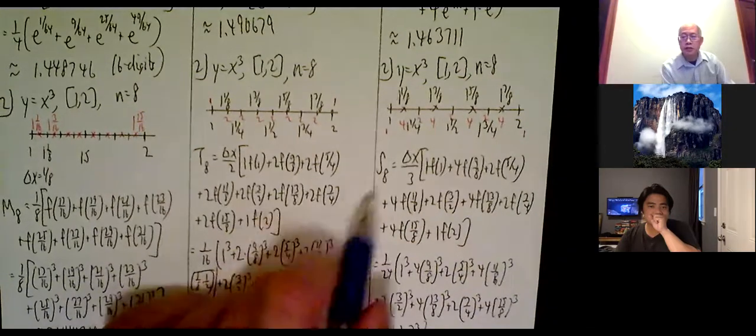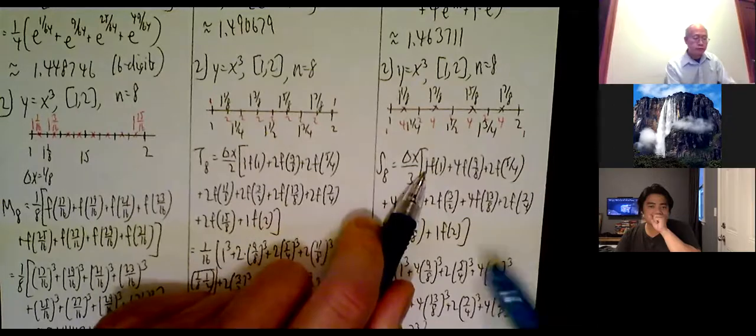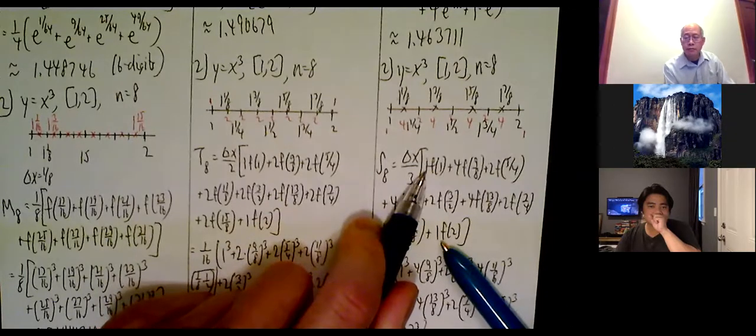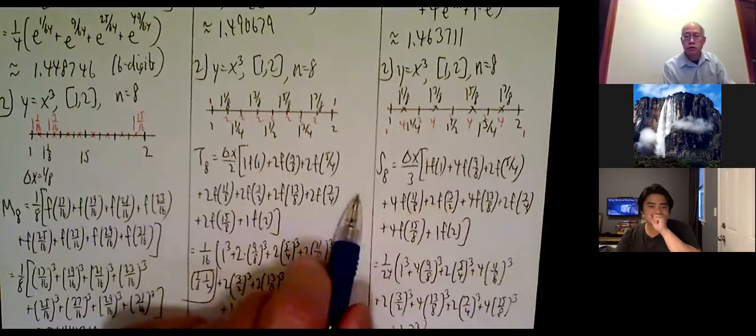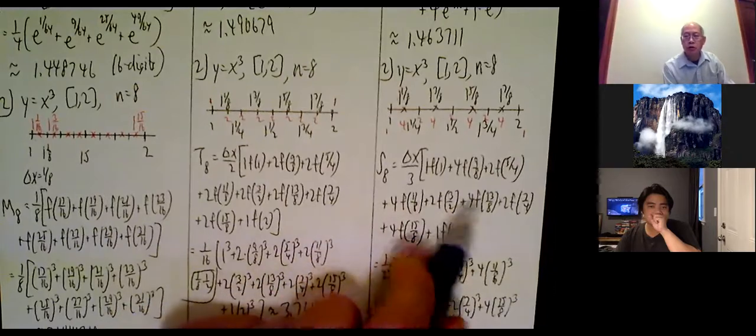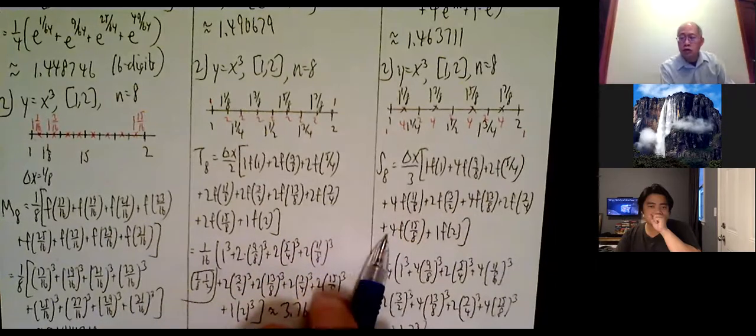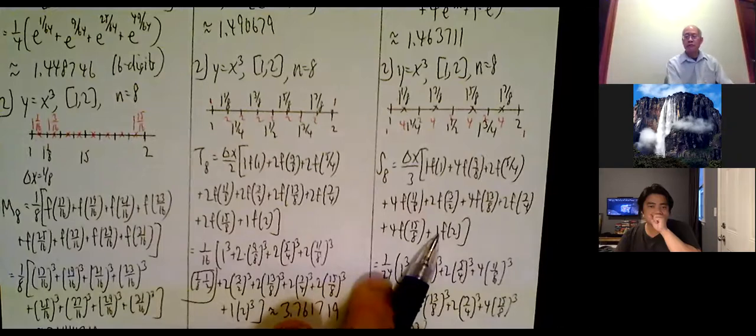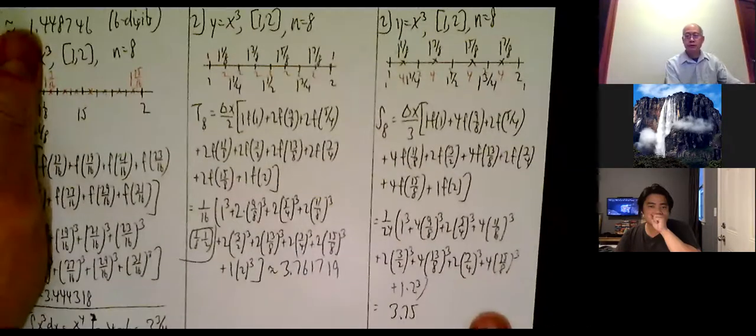The coefficients: 1 at the beginning, 1 at the end, 4, 2, 4, 2, 4, 2, 4, the second to the last one's a 4, and then a 1. Perfect.